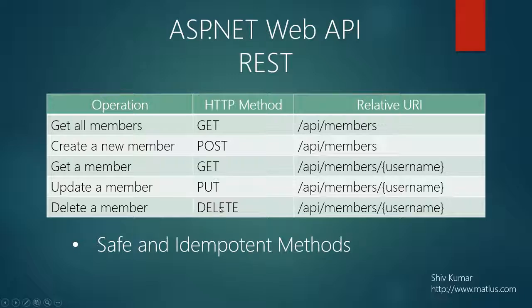Similarly, if you deleted a member, the first time the member was deleted. The next time, of course, there's no member, but the method should be idempotent, meaning a client application should be able to call the delete method n number of times, and if that member does not exist anymore, it's okay. You should not blow out saying, sorry, member was not found.